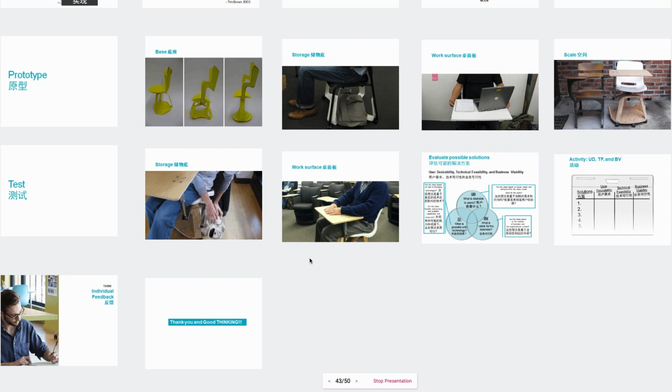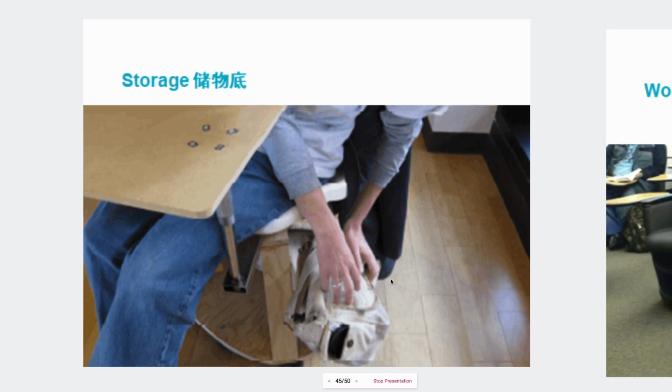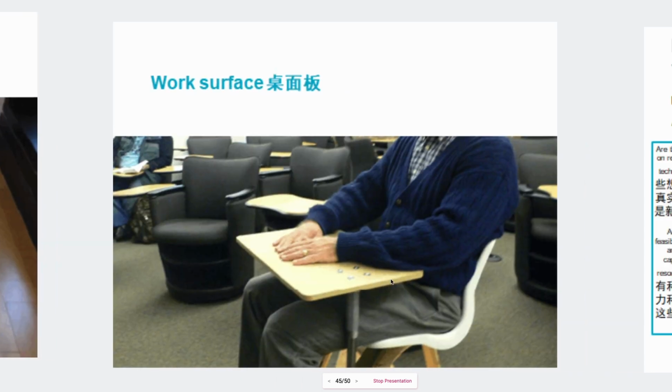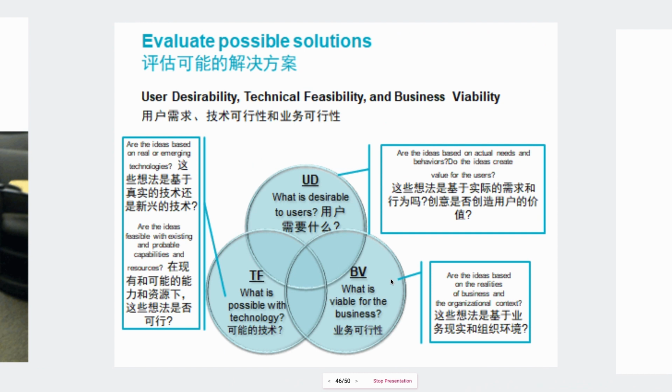Also, when we do the test, we see how our users use our chairs. They put their baggage under the chair in the storage, and also how they use the work surface, whether they are comfortable. And then there's one important tool we call BUT, B-U-T, BUT. How to evaluate possible solutions.